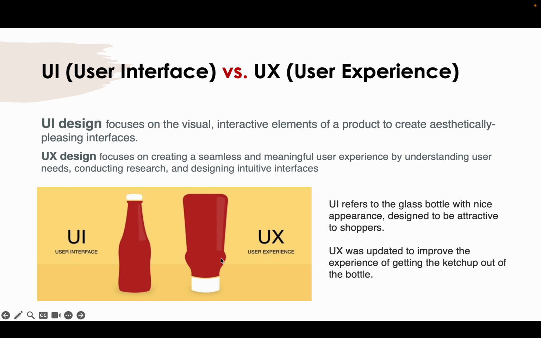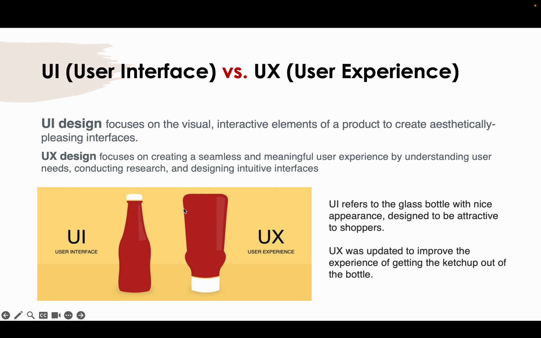But UX, on the other hand, is about how the product works and how the user interacts with it. With the ketchup bottle, UX will consider how easy it is to open the bottle and how easily people get the ketchup out of the bottle.